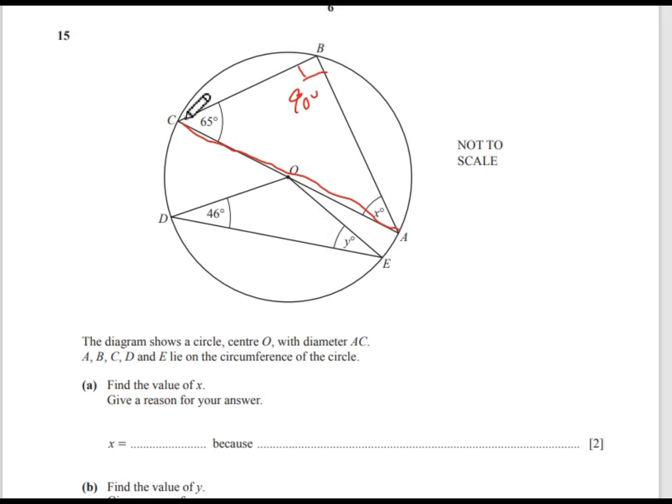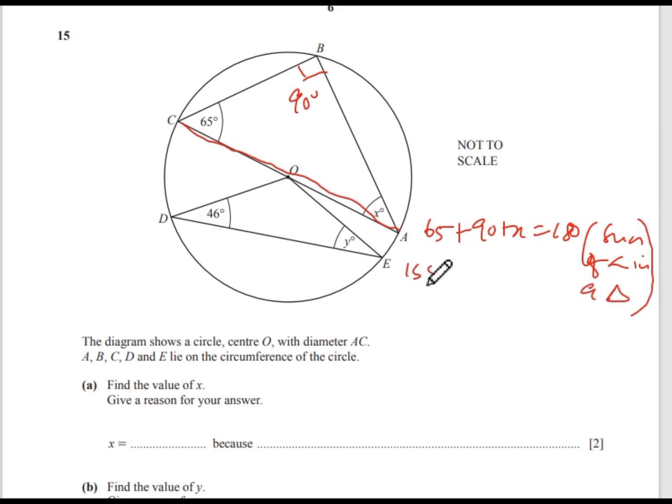And this is a triangle. Sum of angles in a triangle is 180. So to get x, we have 65 plus 90 plus x is equal to 180. That gives us 155 plus x is equal to 180.